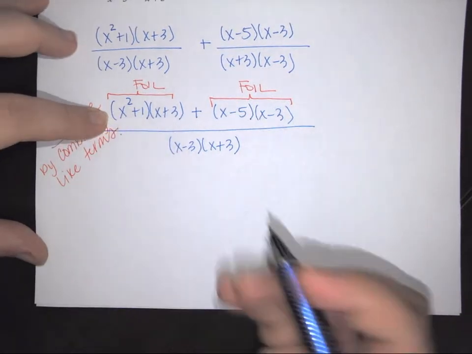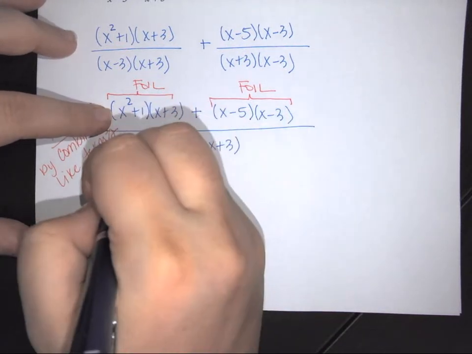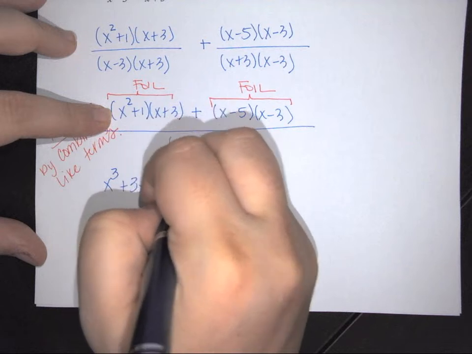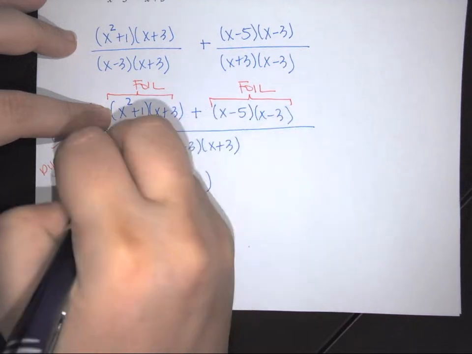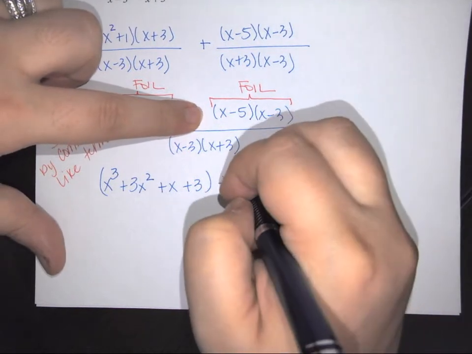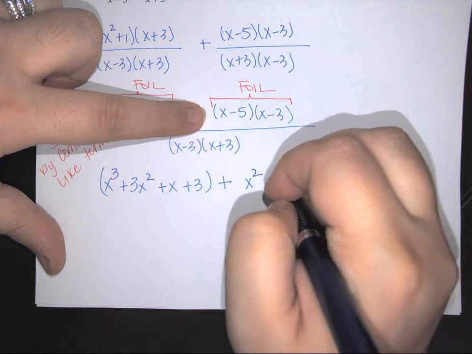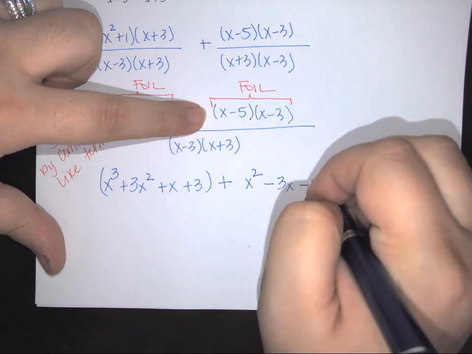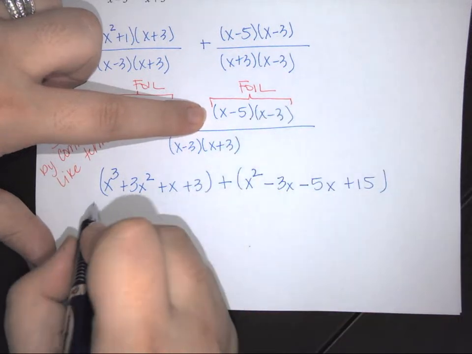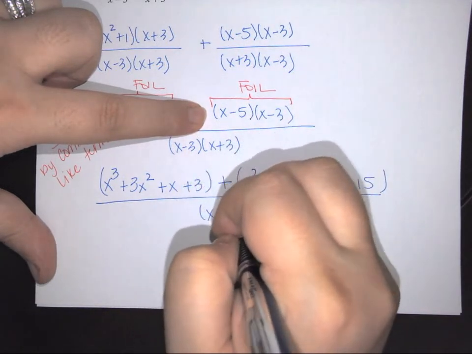So x squared times x is going to give me an x cubed. X squared and 3 is a plus 3x squared. Then I have plus x plus 3. And I'm going to add this to the FOILing of the back half. So this is going to be x squared, and then minus 3x minus 5x plus 15. And this whole thing is still over that least common denominator.